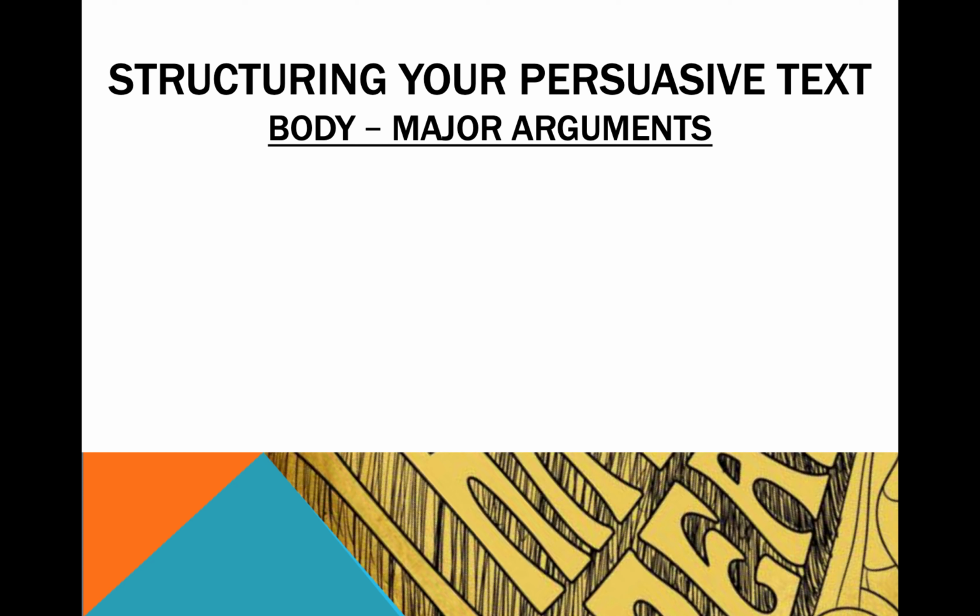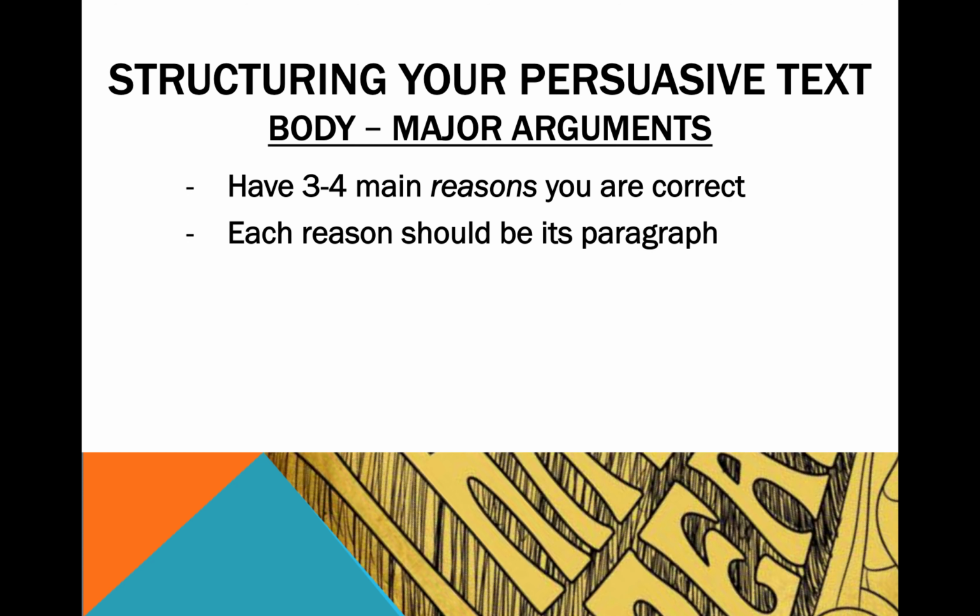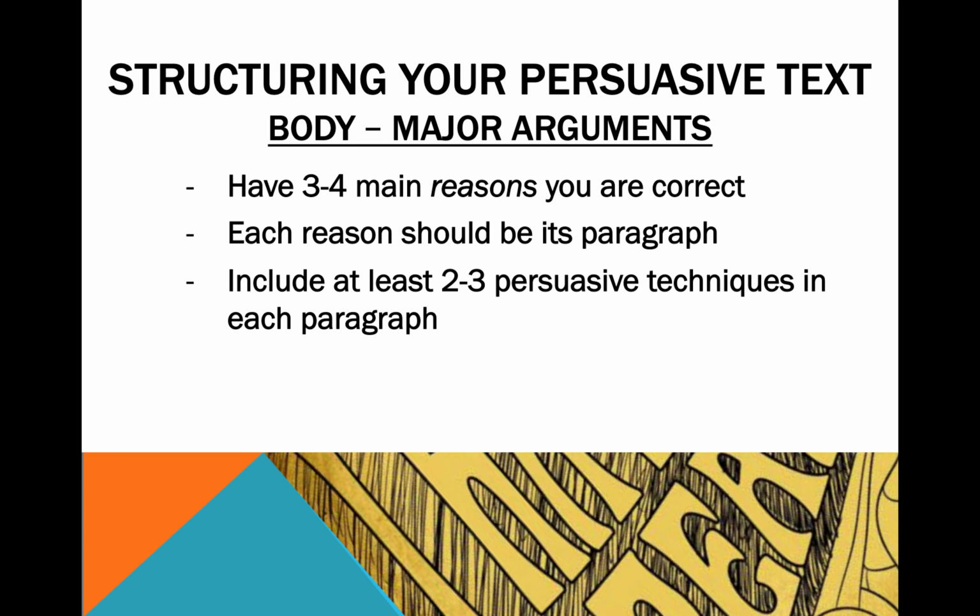In the body of your persuasive text, this is where you set up your major arguments. Now, one way I like to do this is to have three or four main reasons you're correct, and then just provide evidence and explanations for those reasons in each paragraph using two or three persuasive techniques in each paragraph.